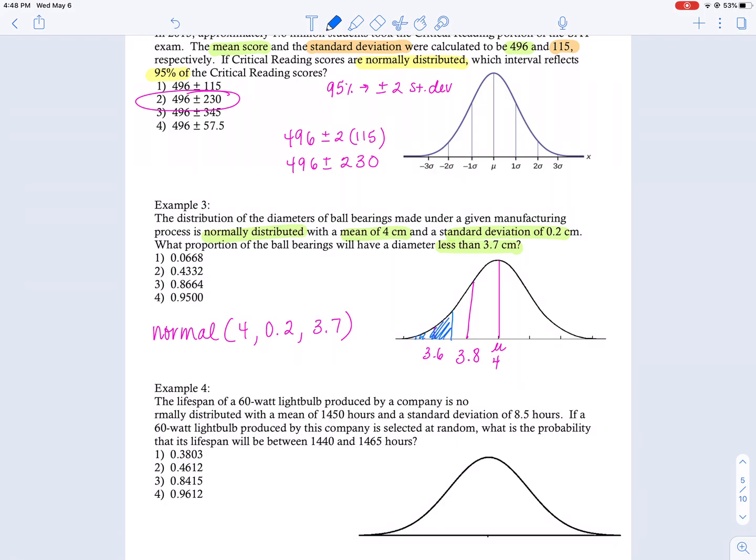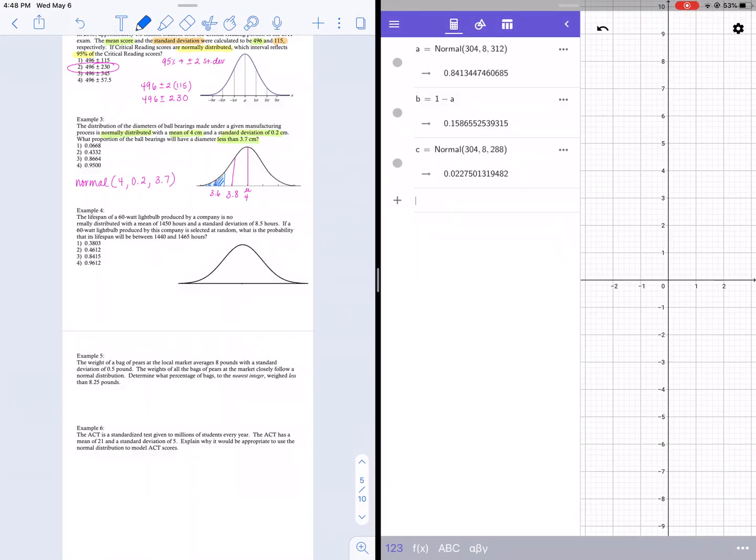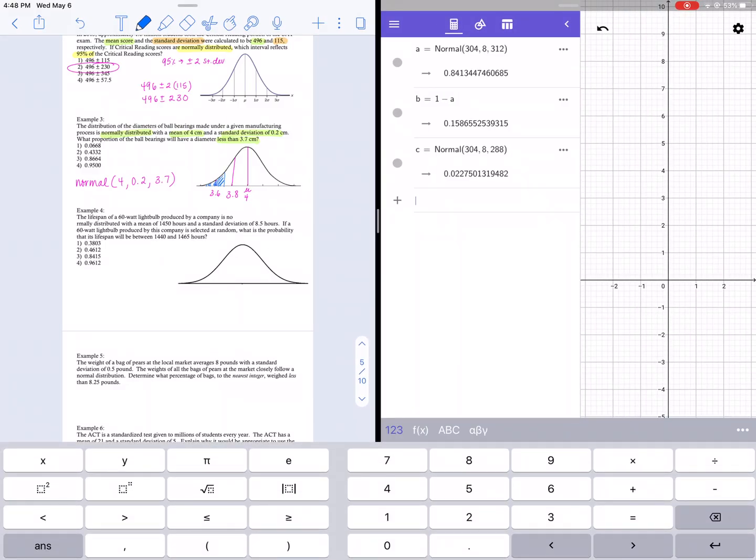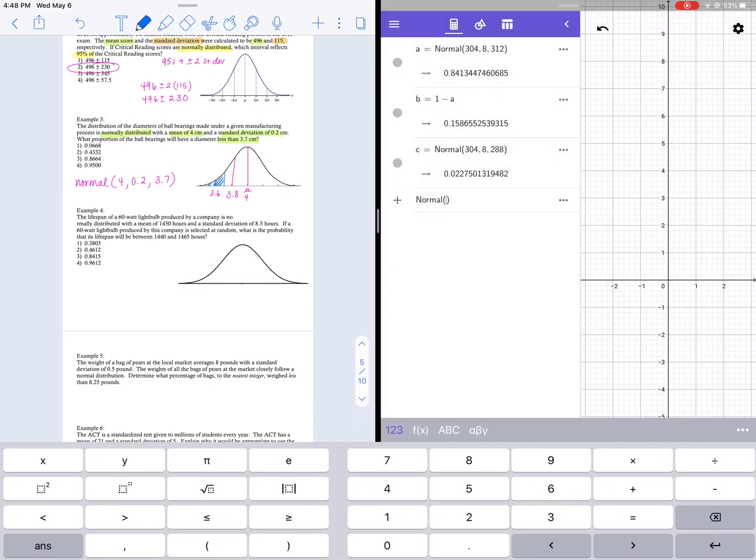Okay? So let's use the calculator and make our lives easier. I'm going to go to my normal. I'm going to put in my mean, comma, my standard deviation of 0.2, comma, my 3.7. Now, because this is everything at or below, that should be your answer.